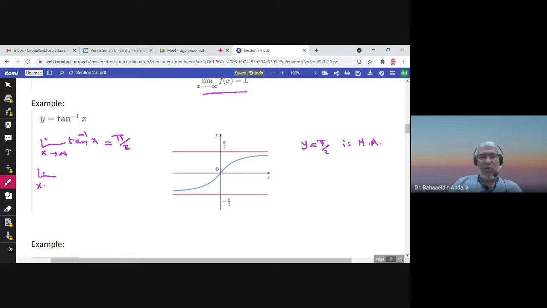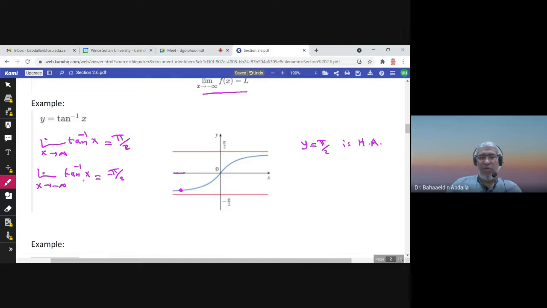Also, what is the limit of tan inverse x when x approaches negative infinity? Now look in this direction. Let x go to negative infinity. Where is the function going? The function is approaching negative pi over 2. This is the limit of tan inverse when x approaches negative infinity.